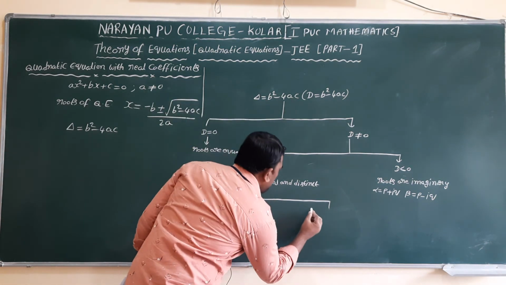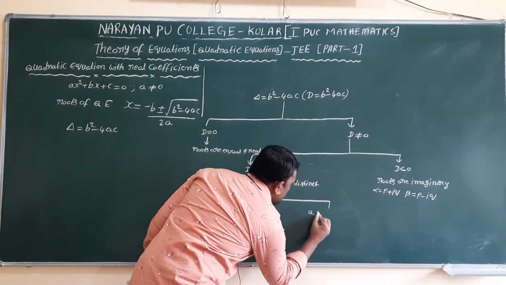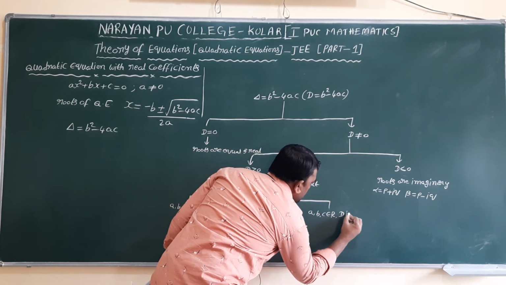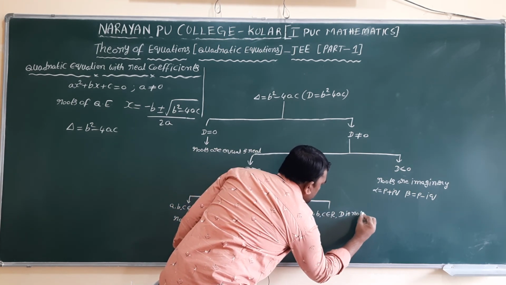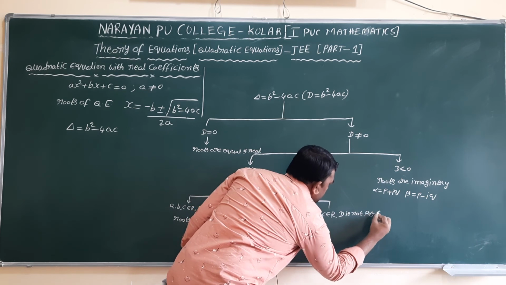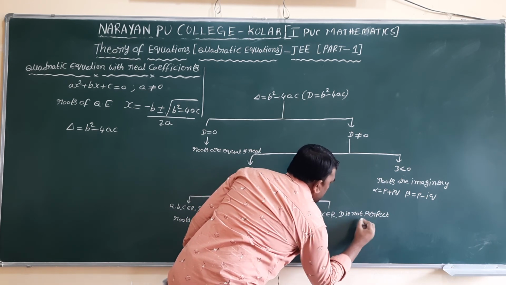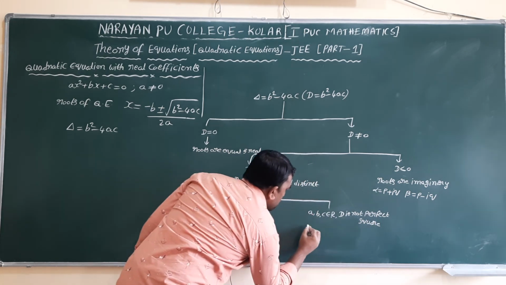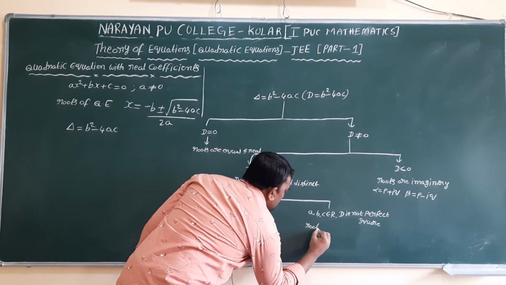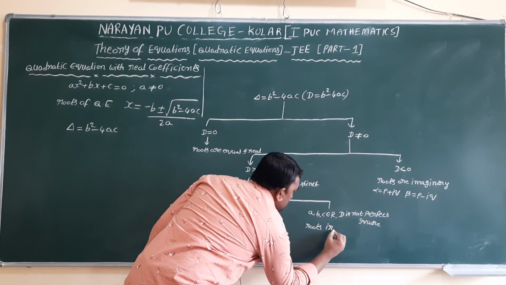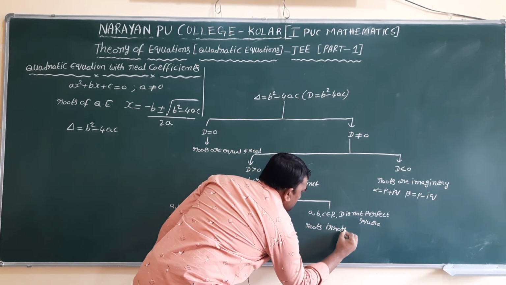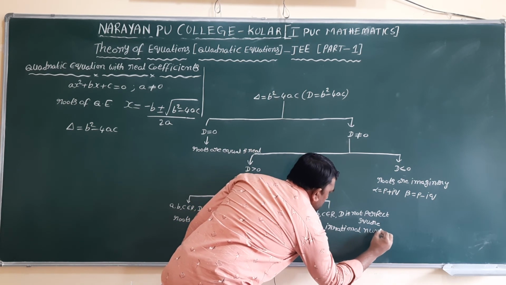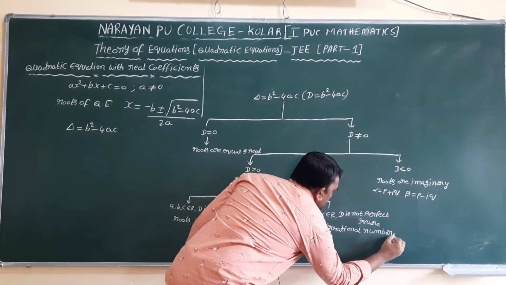Suppose a, b, c are real numbers and D is not a perfect square. Then the roots are irrational numbers.